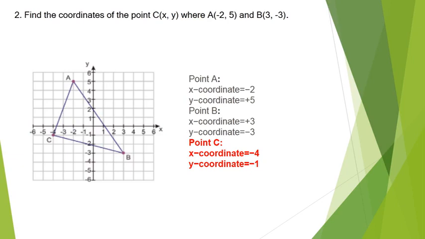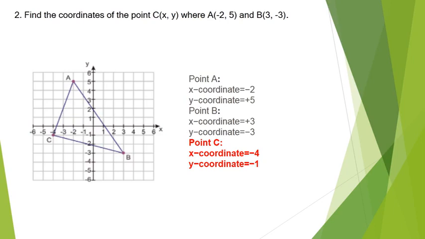So let's check. C point is written in quadrant 3. It means both the points x and y will be negative. Let's check the pink point, which is indicated in the graph paper. You can see it there.